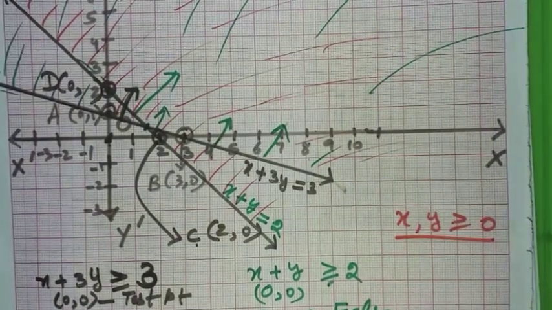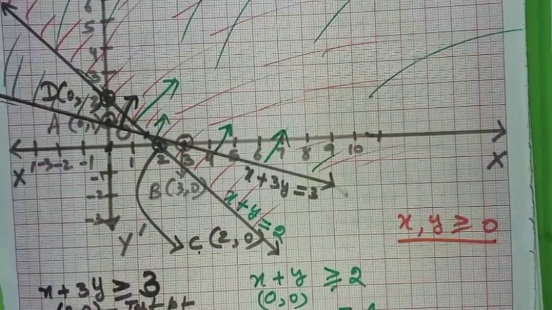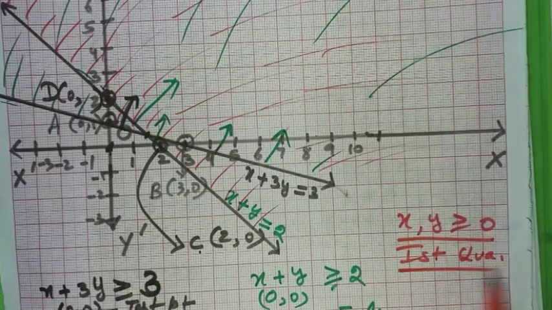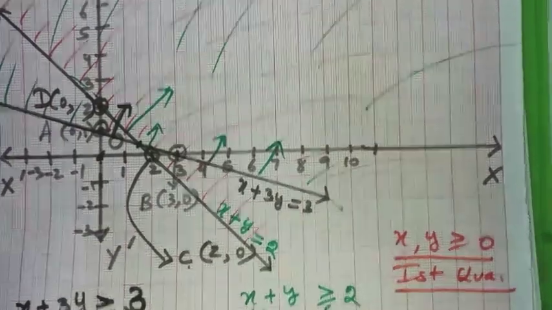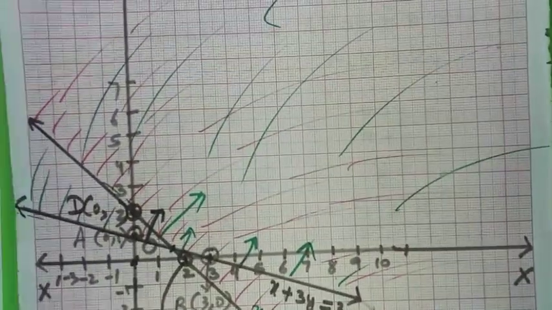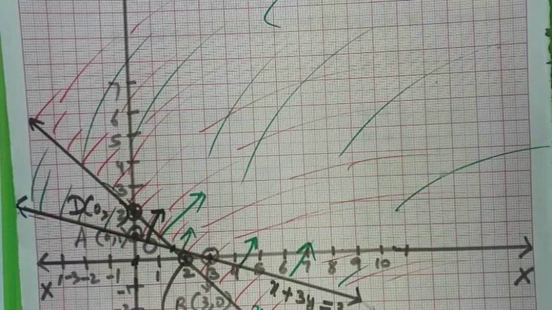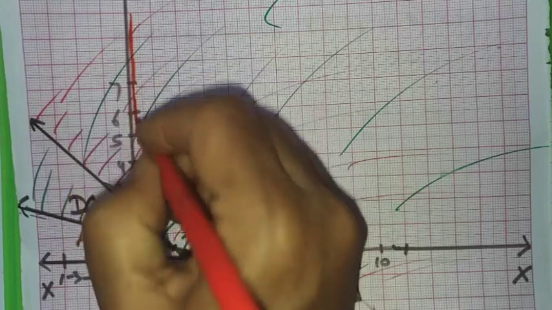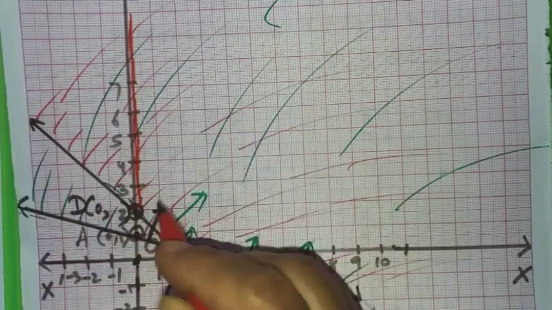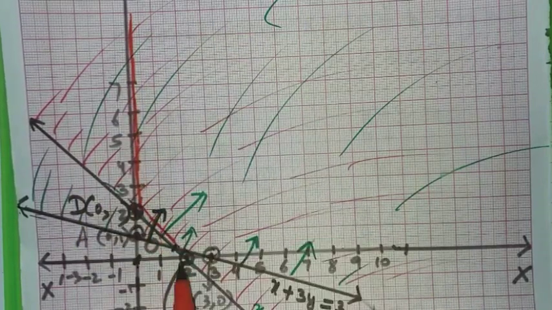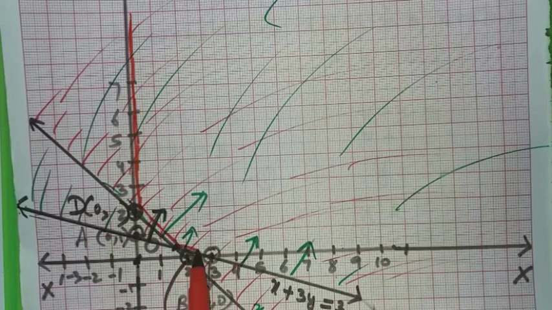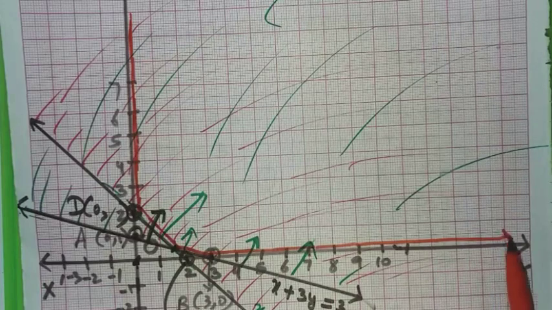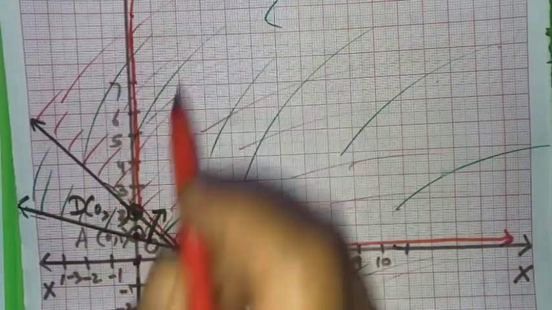These two constraints mean only the first quadrant, so you have to take only the region lying in the first quadrant. So our final shaded region will be this, and it continues infinitely in both the directions.